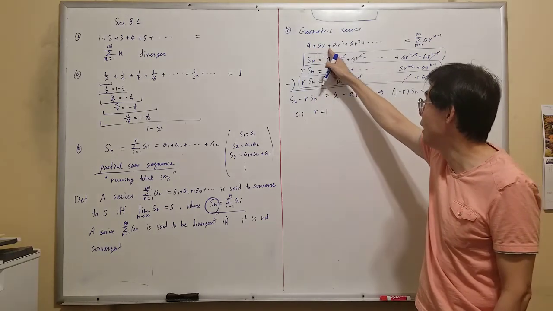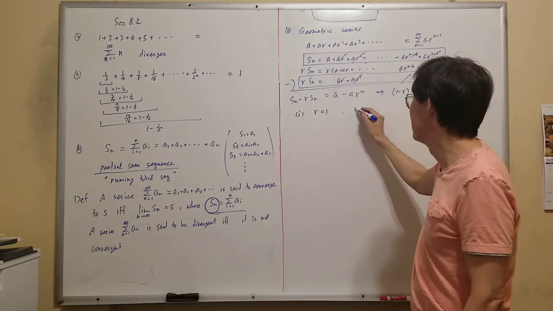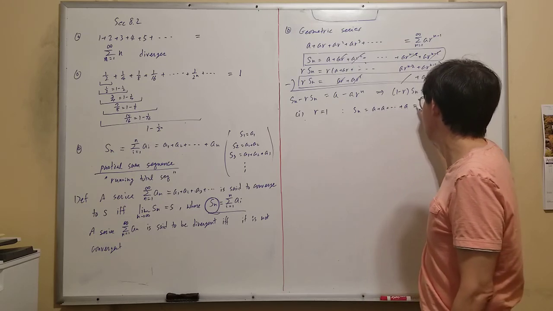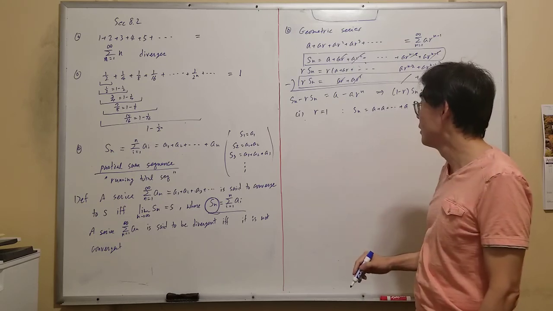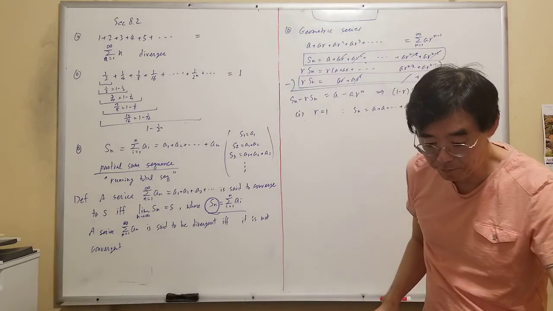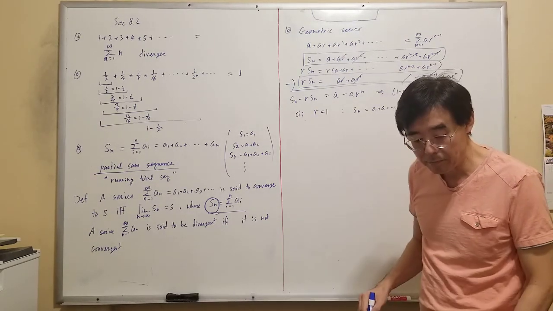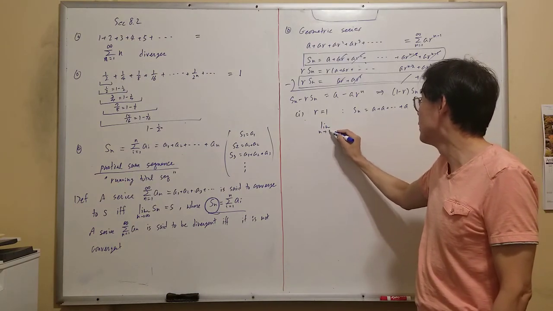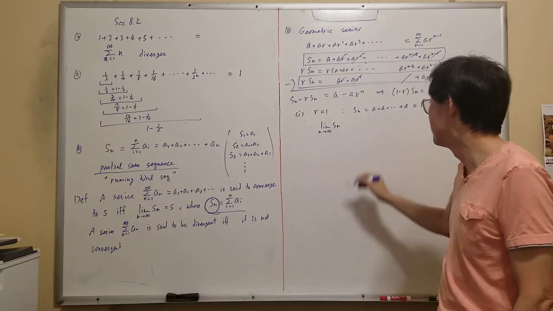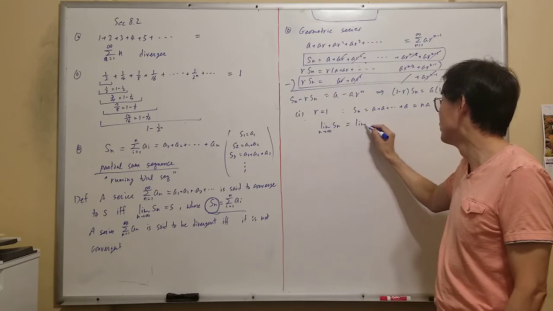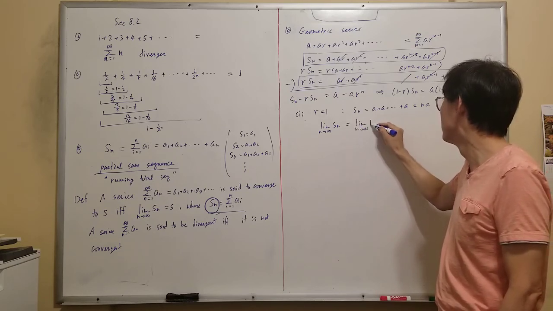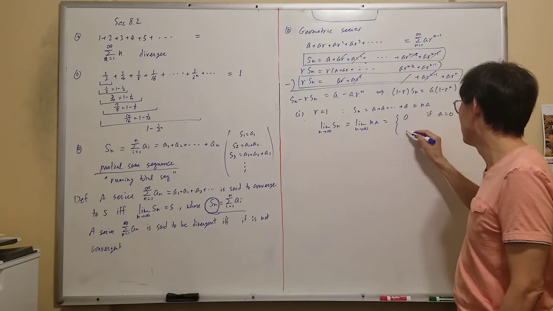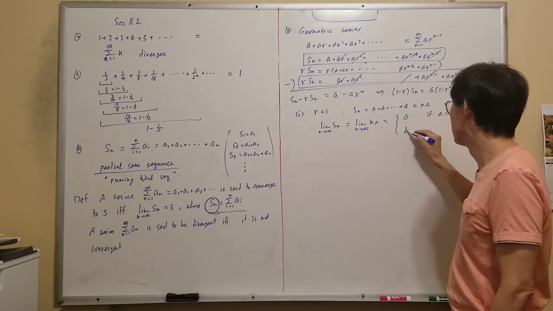You keep adding A plus A plus A. So the limit of Sn is either 0 if A equals 0, or divergence.